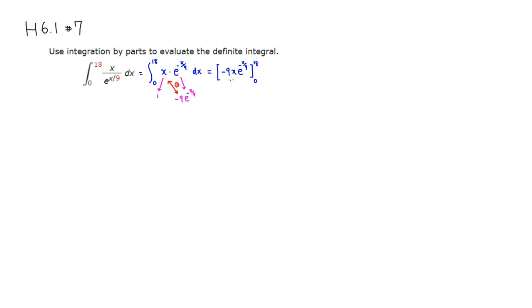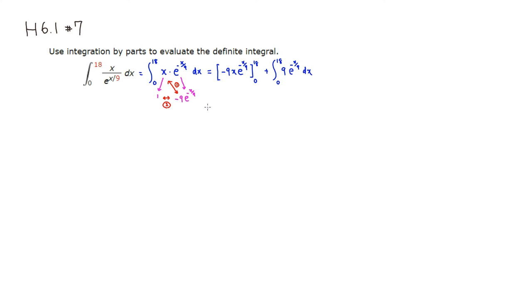Then minus, we multiply sideways, this way, and you already have a negative sign, so it's going to be a plus the integral from 0 to 18 of 9 e to the negative x over 9 with respect to x.